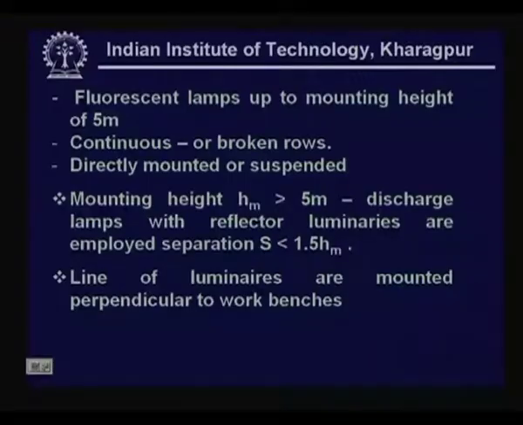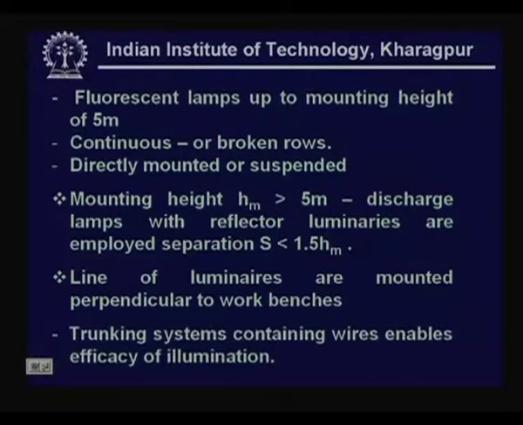So, no matter whatever the lamps may be used, they all are discharge lamps, fluorescent or mercury or sodium. Therefore, they will need accessories which we have discussed, starting devices and current limiting devices, since they are arc discharges. And as mentioned, luminaires are best mounted perpendicular to the workbenches. That gives the best result without glare.